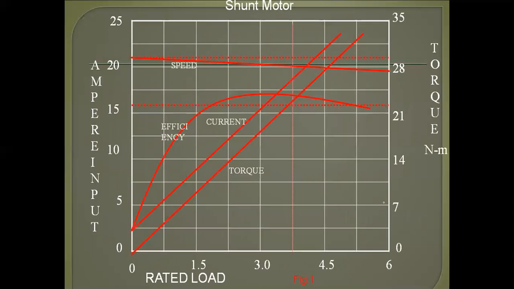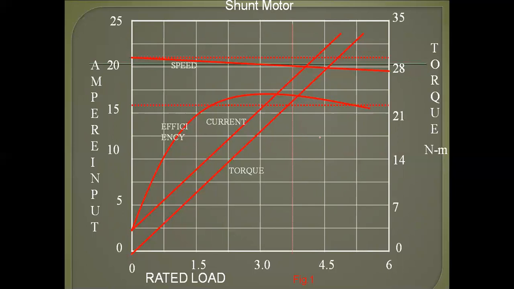Then coming to the performance characteristics of a DC shunt motor, we plot output on the horizontal axis, and on the vertical axis we plot torque, current, efficiency, and speed, all on one XY plot. If applied voltage V is kept constant, the field will remain constant.